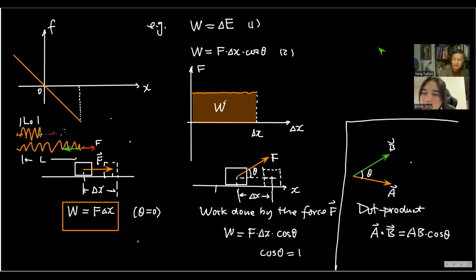In this case, it will be the area of this triangle, so it's F times X divided by 2, a half.